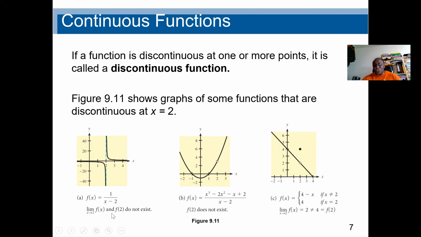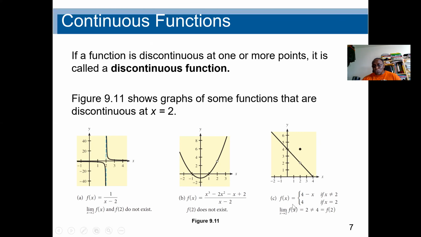So if f(2) does not exist, then it's discontinuous when x is 2. We have another one here, with the same concept, where we have more or less a parabola. But we can also see here that the denominator is x minus 2. So if x equals 2, it doesn't exist.